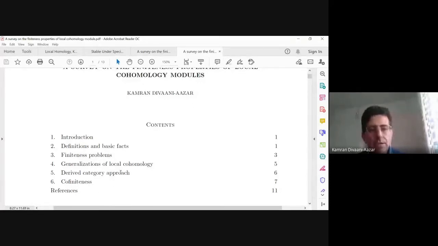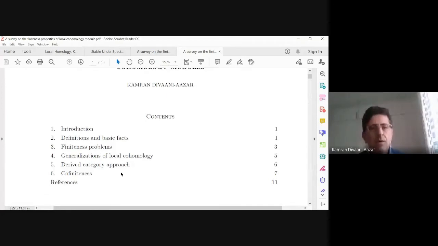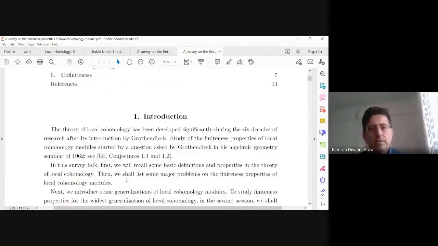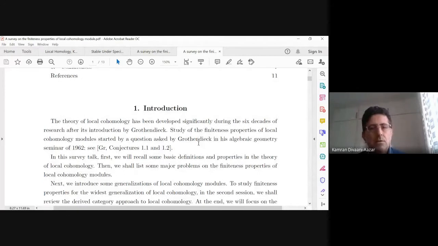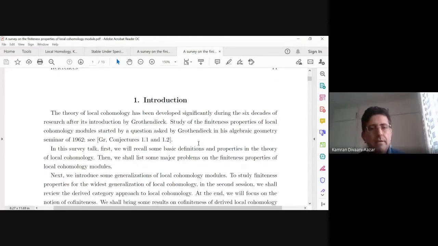So for the introduction, local cohomology was introduced by Grothendieck about 6 decades ago. And after that, it grew very significantly, and now it has many applications in both algebraic geometry and commutative algebra.